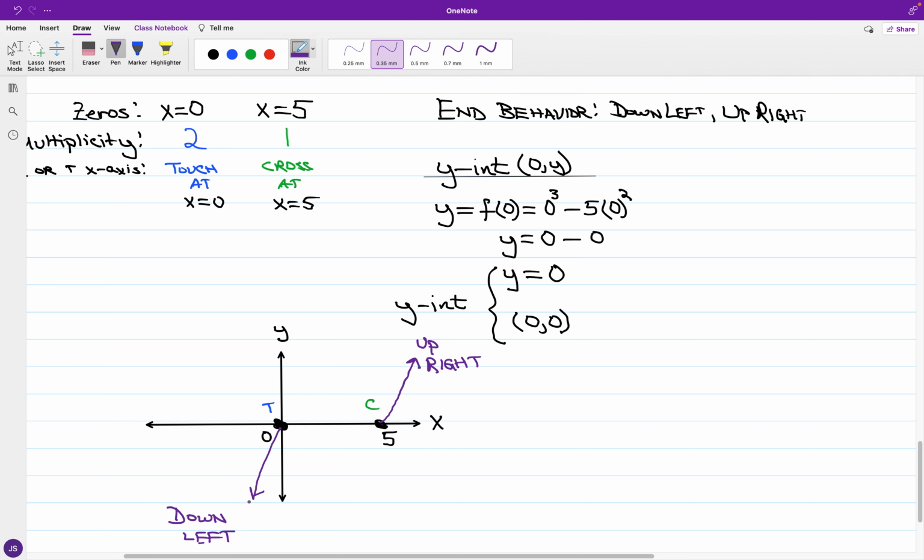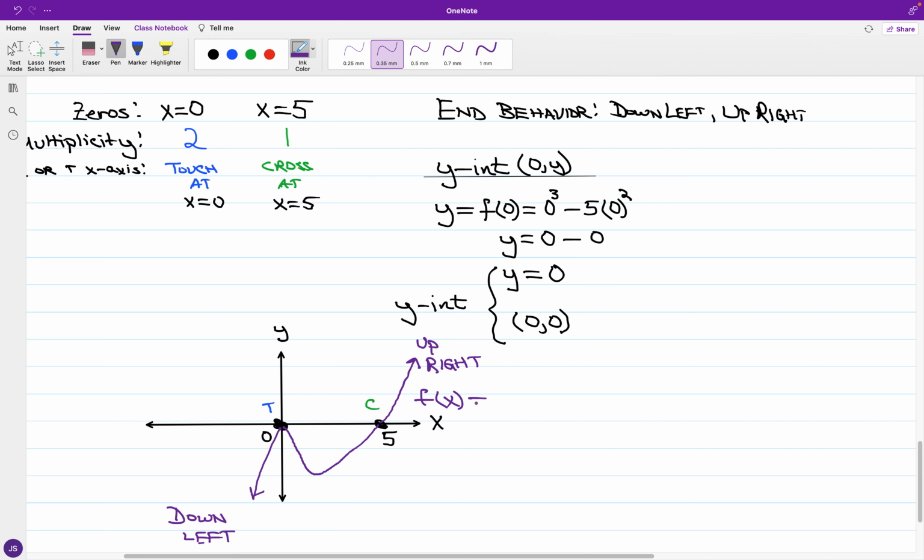So, reading in order from left to right, from down to the left, in terms of rightward motion, we have rising up and getting to the x-axis where it is going to touch or essentially bounce off the x-axis, and then there will be a relative minimum, and then the graph will increase, and this time it is going to cross the x-axis at x equals 5. And for the rest of the activity, you have moving up and out to the right.